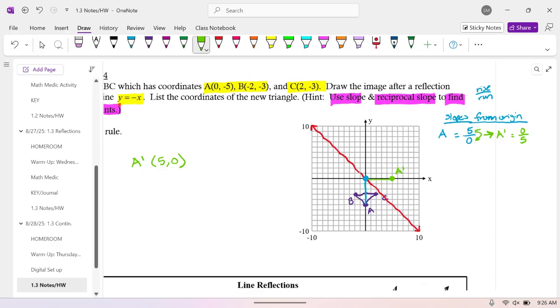Now let's do B together. So I'm finding B, the slope of B from the origin as the reference. So from B, I'm going to go up 1, 2, 3, and then to the right 1, 2. So that means we have a rise of 3 and a run of 2.